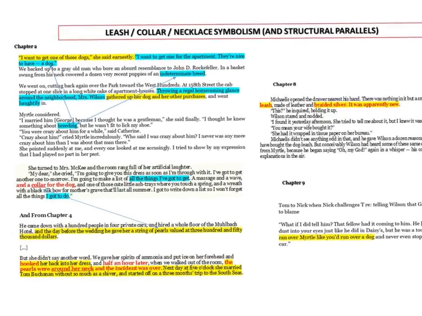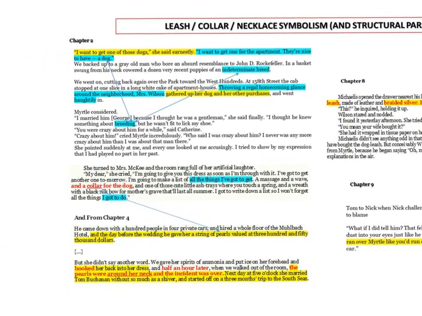Okay, so let's start to explore this in terms of Myrtle Wilson in chapter 2. So let's look at the yellow stuff first, relating to materialism. So this bit from chapter 2, Myrtle declares in her dialogue here, "I want to get one of those dogs," she said earnestly. I can always hear Myrtle's accent as that broad Manhattan, New York accent.